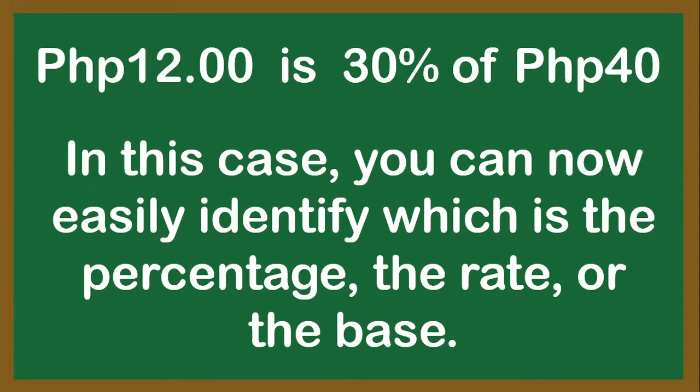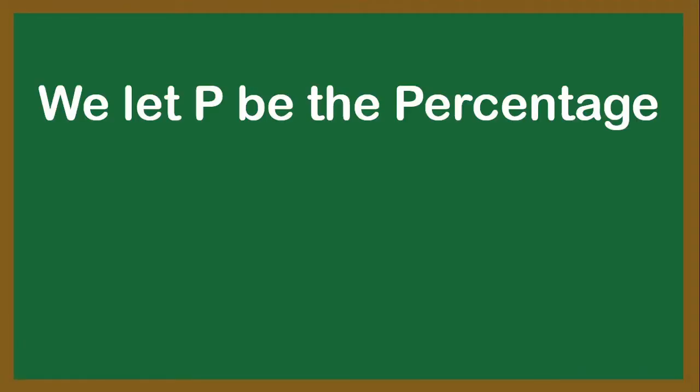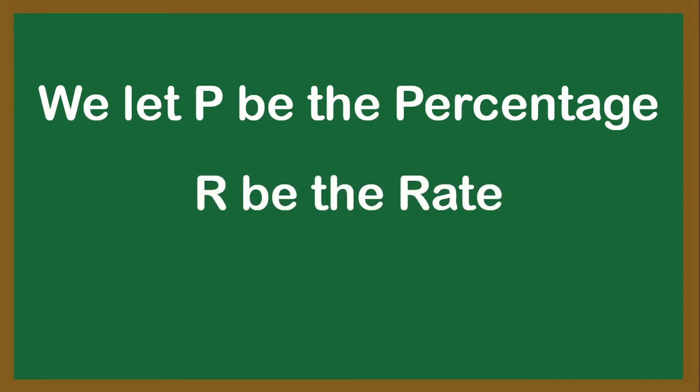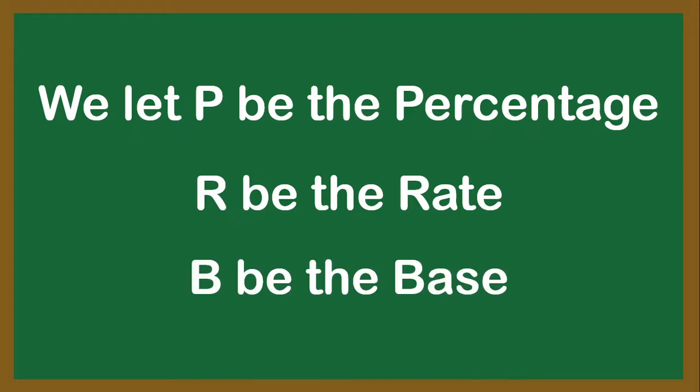In this case, you can now easily identify which is the percentage, the rate, or the base. We let P be the percentage, R be the rate, B be the base.